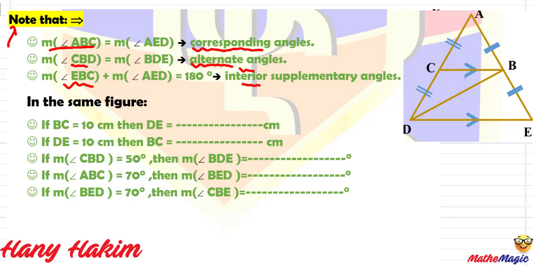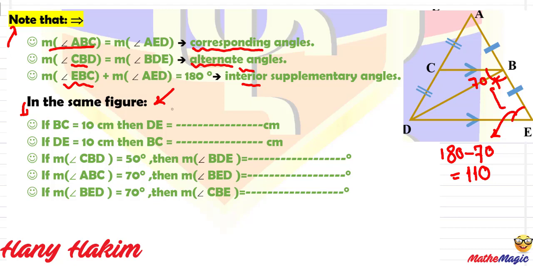This is EBC, and the measure of the angle AED is here. They are not equal, but the sum of them equals 180. So if you know the first equals 70, I can get the second as 180 minus 70, to get that angle 110.